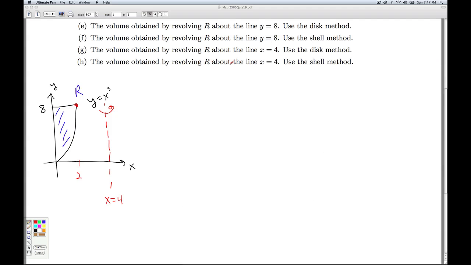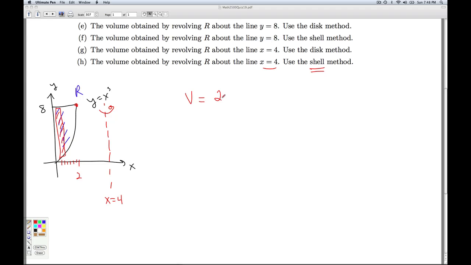And finally part H, we're revolving R about the line x equals 4 again, but we're asked to use the shell method. And once again, the shell method has the advantage of having the holes already built into it. So I'm going to be chopping up not the axis parallel to the axis of revolution, but the other one. I draw in my representative rectangle here, and that's going to whoosh around and give me a shell.